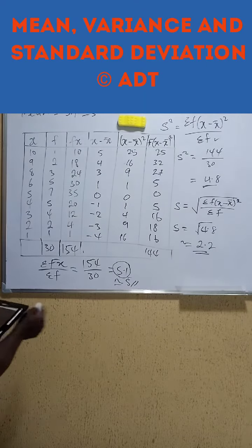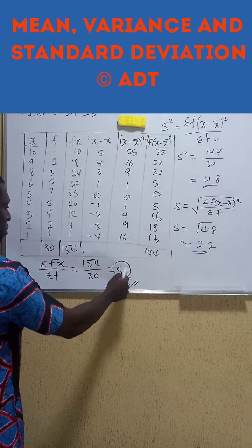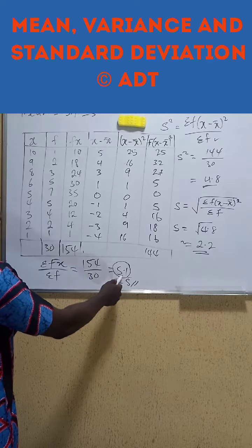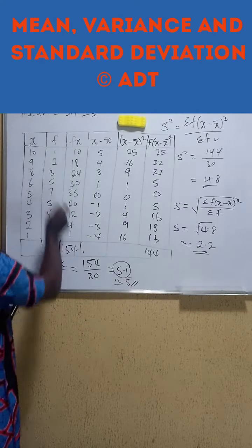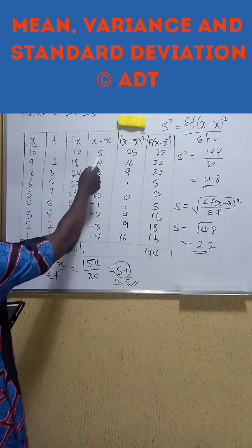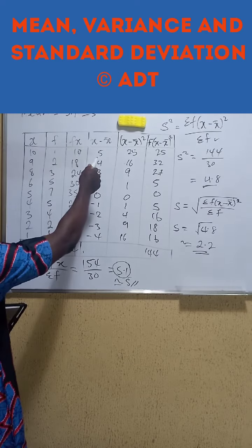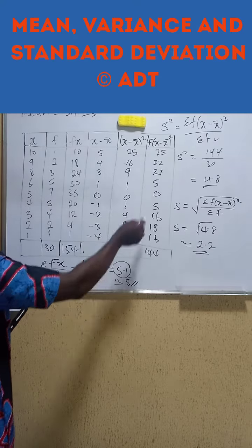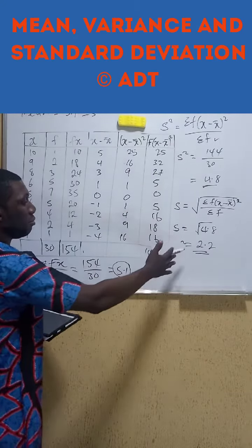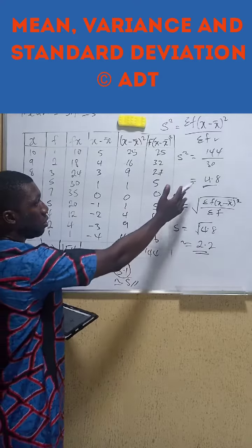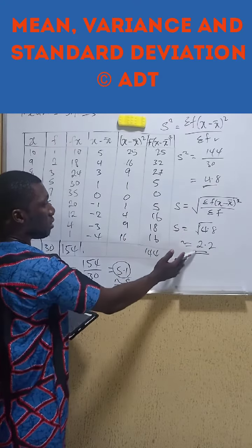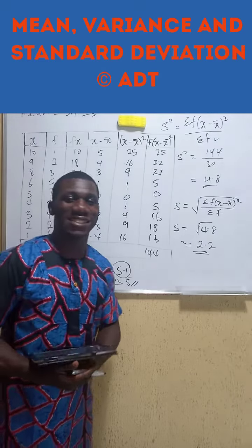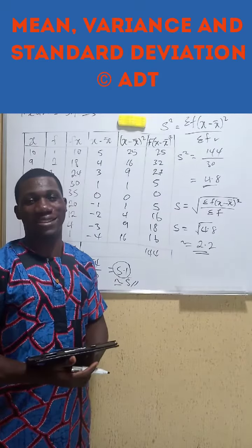If the mean in this form should be used, then just say 10 minus 5.1, and that will give you about 4.9. So you can still solve with that and follow the same process I followed to get your variance and the standard deviation. So I hope that this helps.